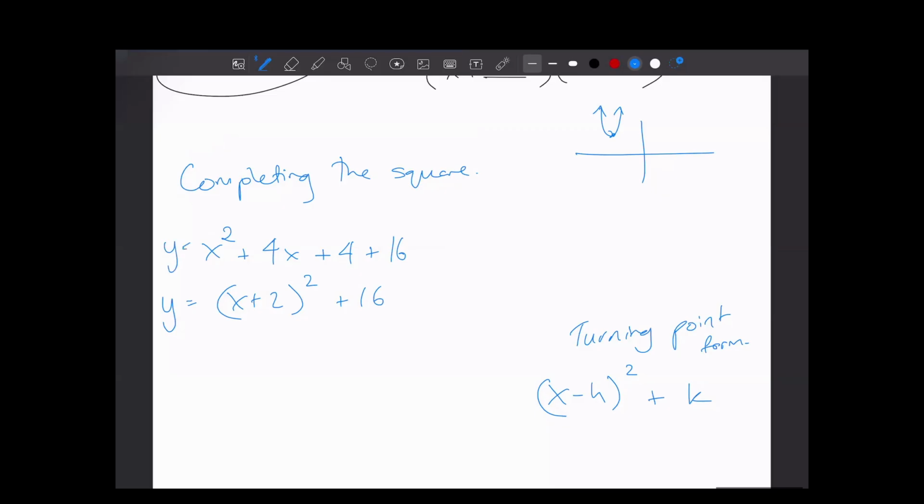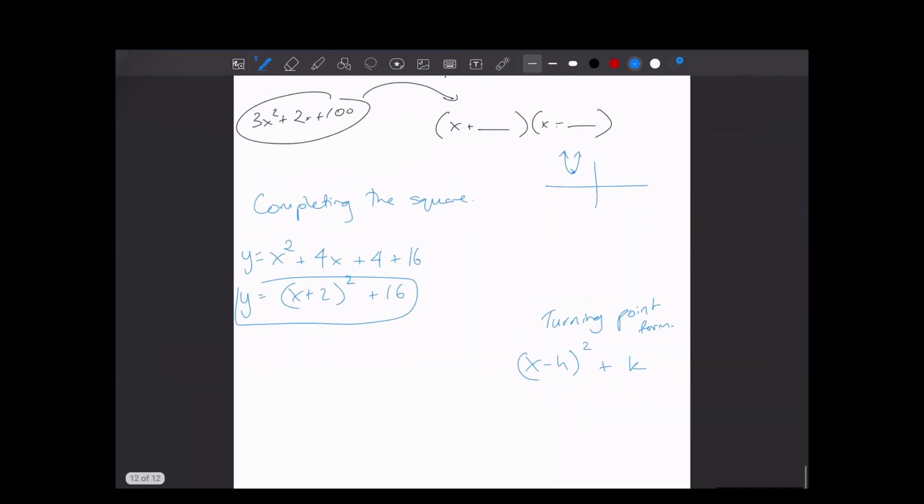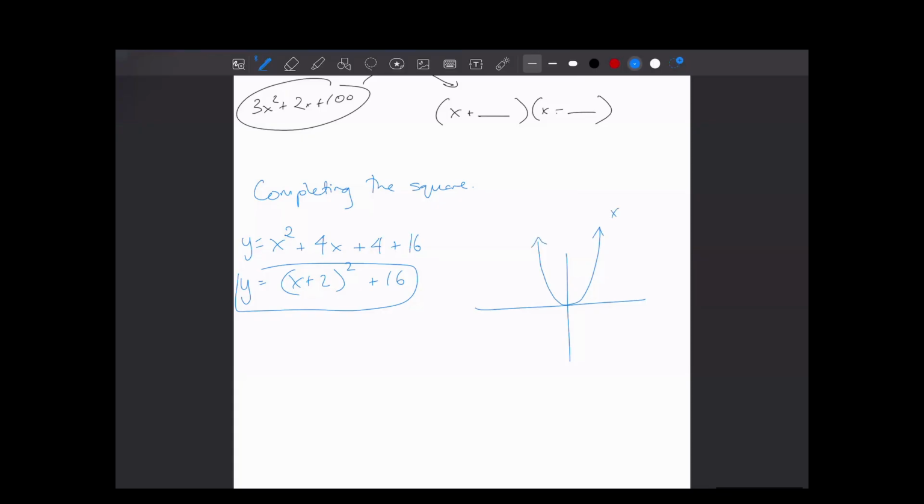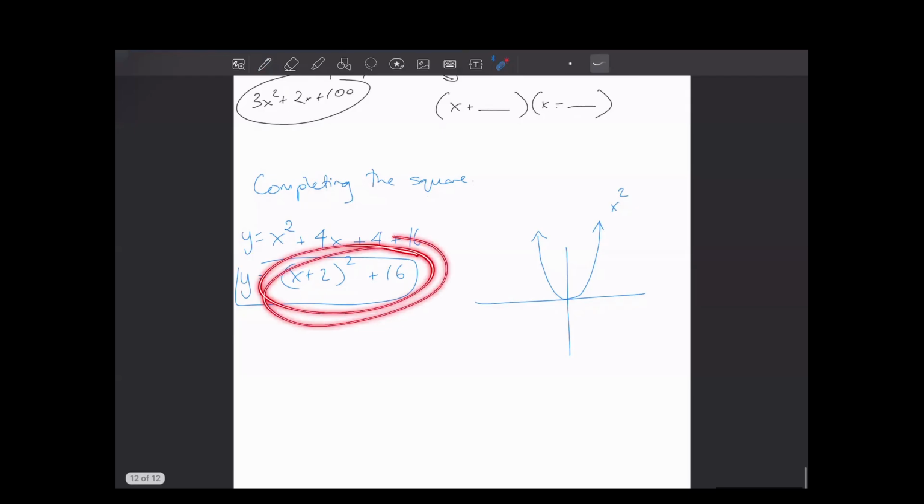Now, why is this good? The reason this is good is because actually this can be graphed very easily. That's why this turning point form is a helpful thing. Our original parabola looks like this, right? Do you have any guesses as to what this might look like?